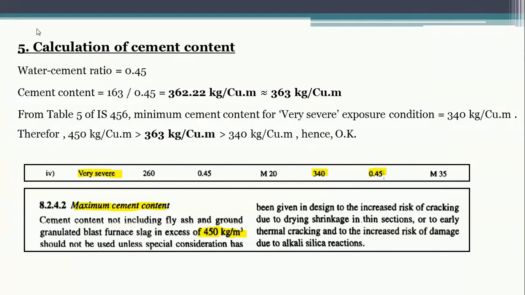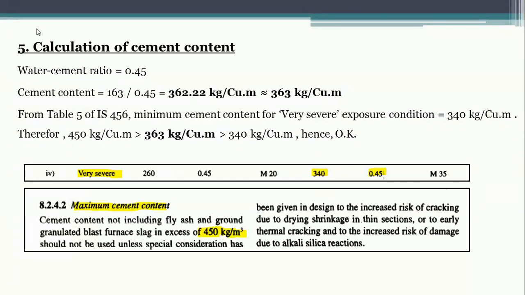Based on the codal provision, for the very severe exposure condition, the value is given as 340. That is the minimum cement content there should be in our concrete, from the durability aspects, 340 kg per m cube. We should not neglect those values, because whatever value we get should be within that limit.